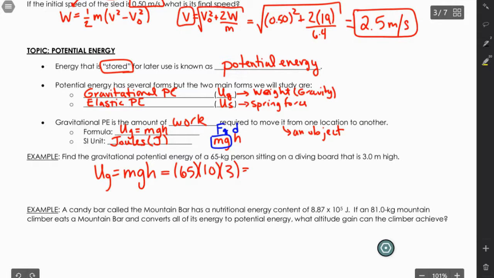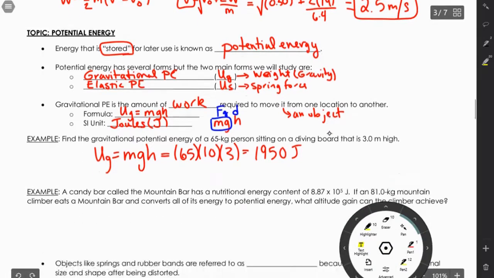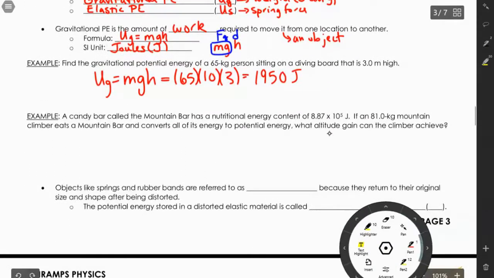You do 65 times 10 times 3, and you find that the person sitting on top has 1,950 joules of energy stored. We'll get into conservation of energy in a little bit, and if that person now jumps off the diving board, this potential energy will be converted into kinetic energy. But that's when we're going to talk about conservation of energy very shortly.